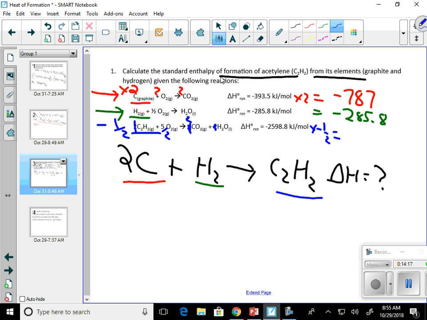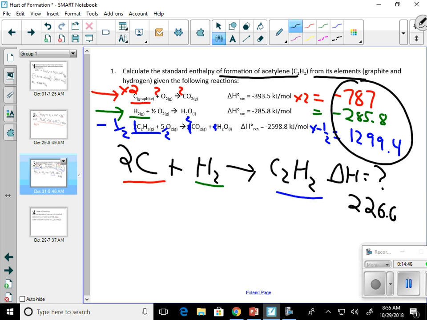That gives me a value of 1299.4. If I were to now add all 3 of these values, it would give me the delta H of the reaction, which in this particular problem is 226.6 kilojoules per mole.